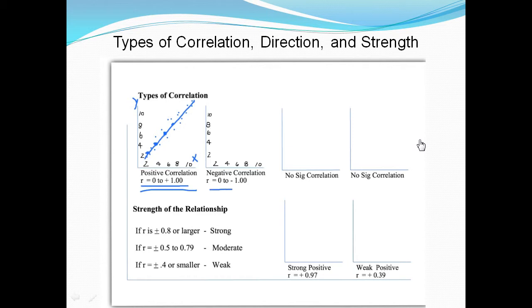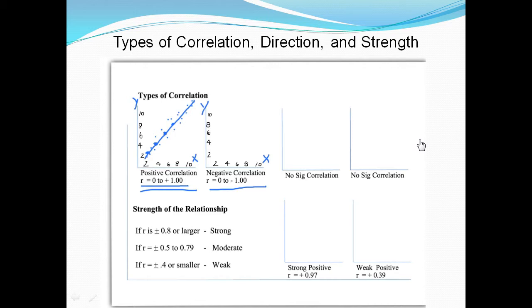When we have a negative correlation, we find that our variables move in opposite direction from each other. This is an inverse relationship. As values on x increase, values on y decrease.